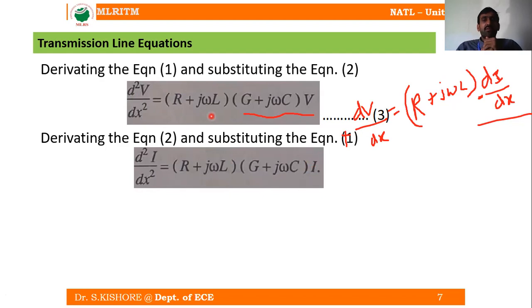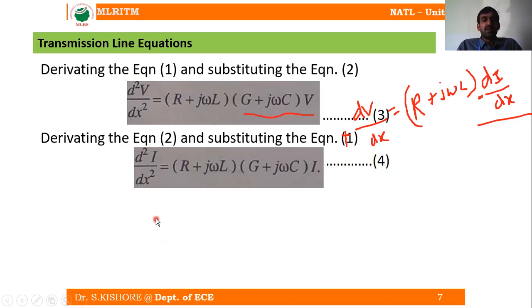To eliminate one parameter, I am differentiating once again and substituting from each of the expressions. If we do like this, we get d square v by dx square and d square I by dx square. Let us consider this as equation number 3 and this as equation number 4.